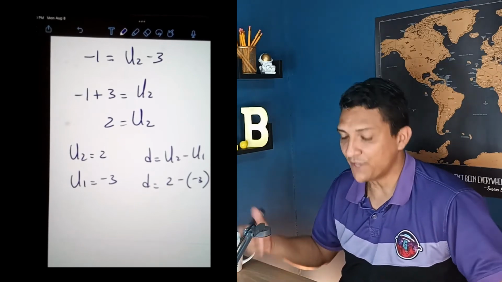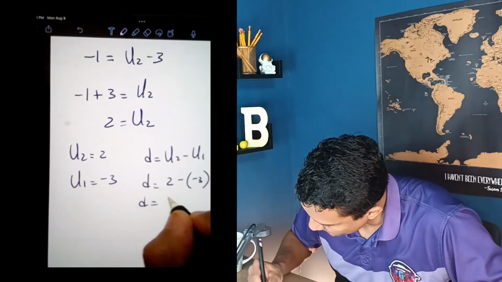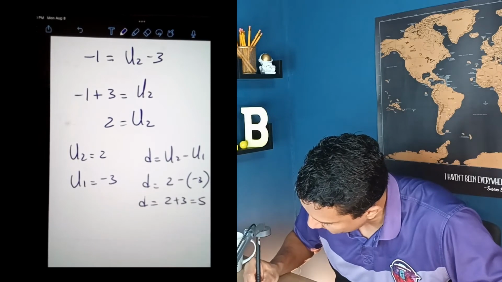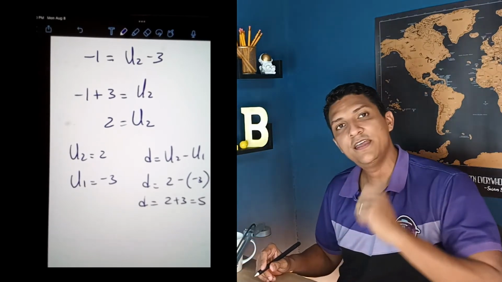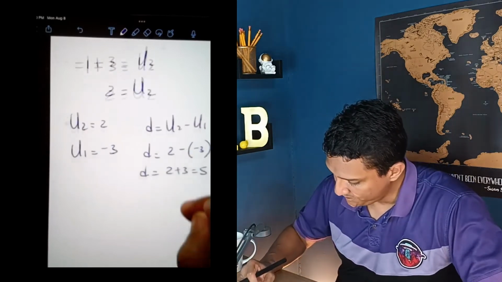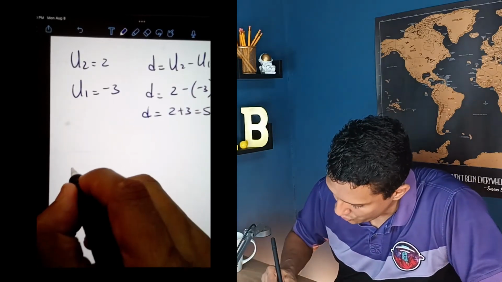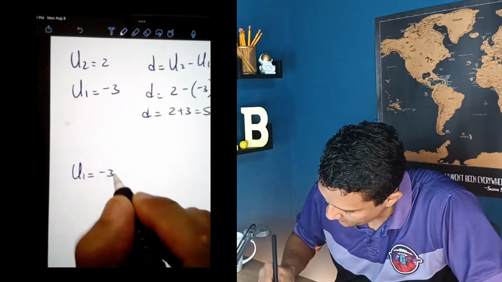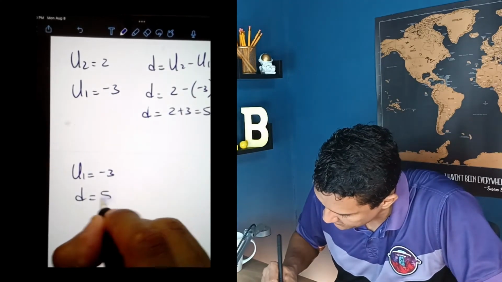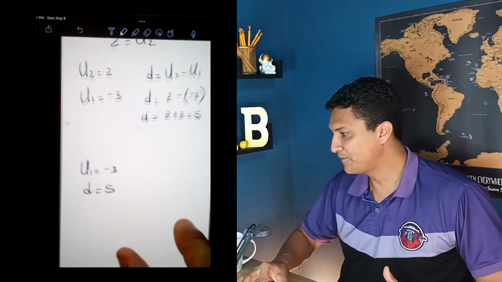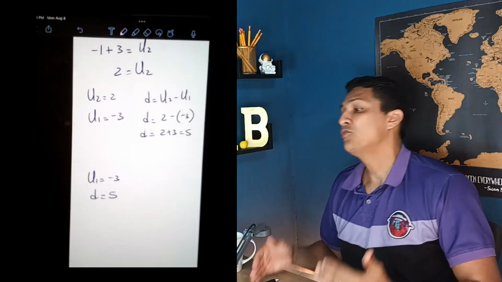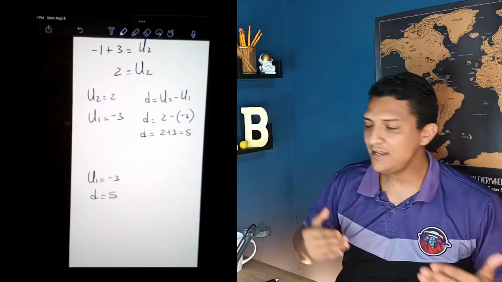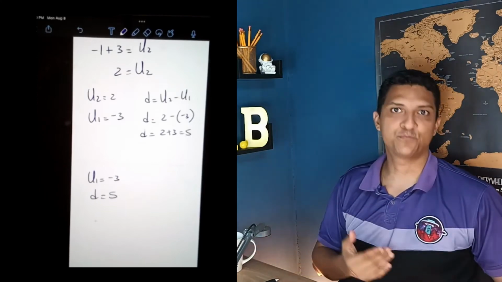Negative times negative, that is positive. 2 plus 3, that is 5. So the common difference of this sequence is positive 5. Let's answer the questions. U1 is negative 3. The common difference is 5. Notice that in this simple problem, we had to use many concepts that we learned previously.